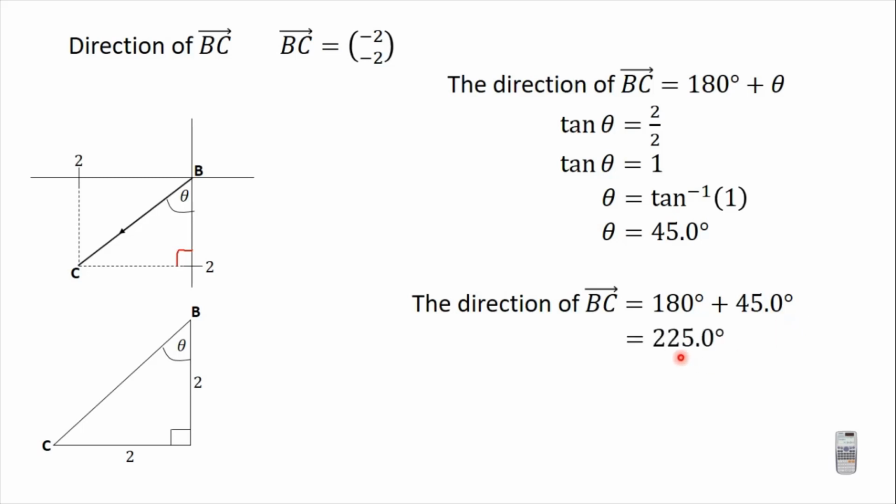This is going to give us 225.0 degrees. So we can say that for the column vector BC with the components -2, -2, if you write it in the magnitude bearing form, the magnitude is 2.8 units and the bearing is 225.0 degrees, corrected to one decimal place.